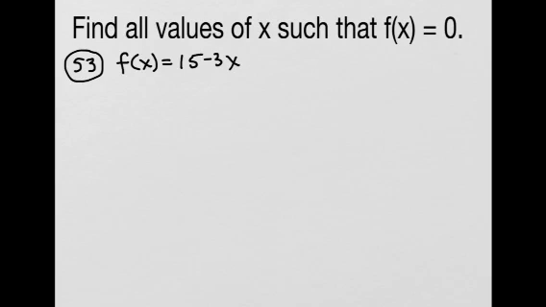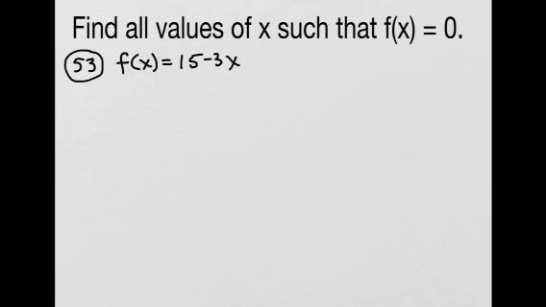Alright, this is A6. For numbers 53 to 56, they want you to find all values of x such that f of x equals 0. So we're going to set f of x equal to 0, and then after we do that, we solve for x.